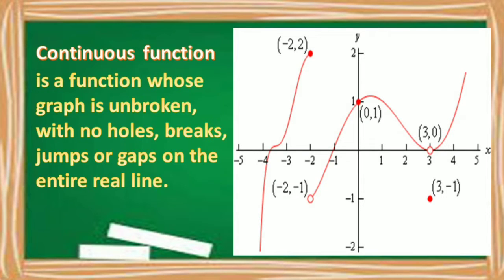Based on this given graph at the right, we can see certain points having a jump or gap, shaded or solid, and a hole. Thus we can say that there is a continuity and discontinuity at a point.